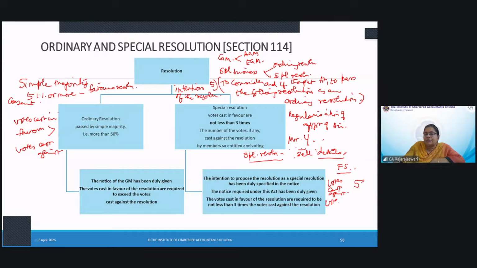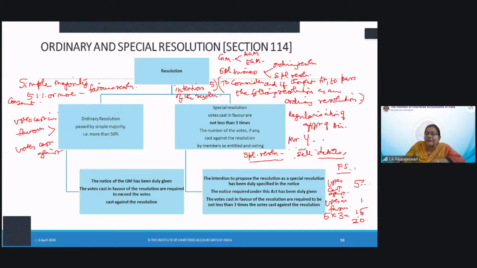Then votes in favor should be 5 into 3 times, 15 votes in favor of the resolution. That is the meaning. Not less than 3 times. Suppose I have 20 votes in favor of the resolution and 5 votes against the resolution. My votes cast in favor are not less than 3 times the votes cast against the resolution.